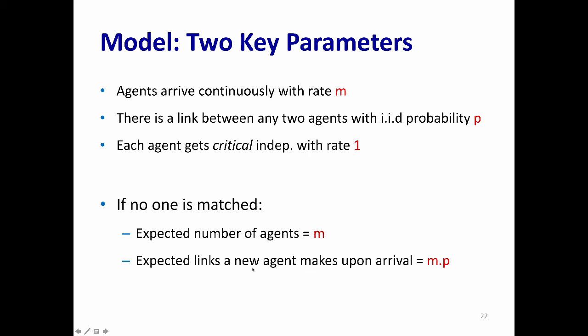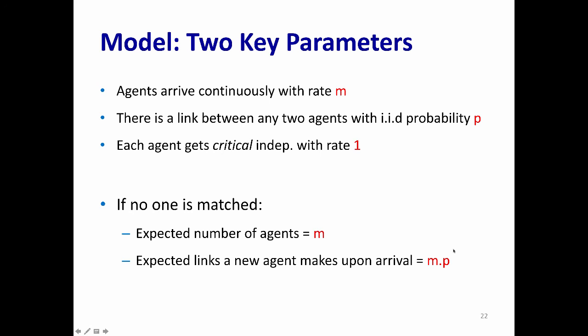Now, if a new agent comes to the market with M other agents being there, how many expected links is that agent going to have upon arrival? Well, with each one of them, there is a probability P, there are M of them, so this agent is going to have M times P expected links.